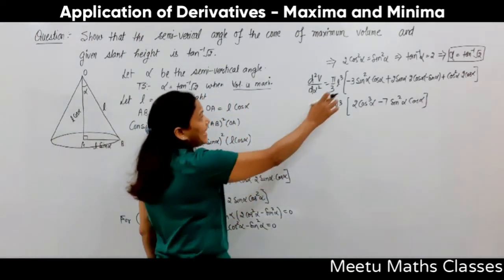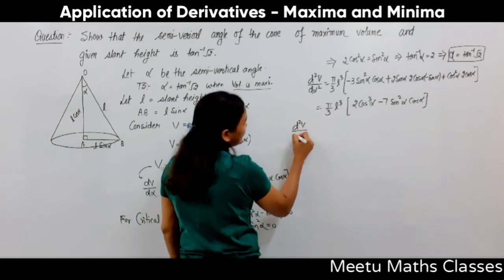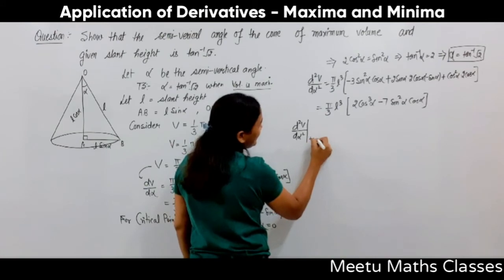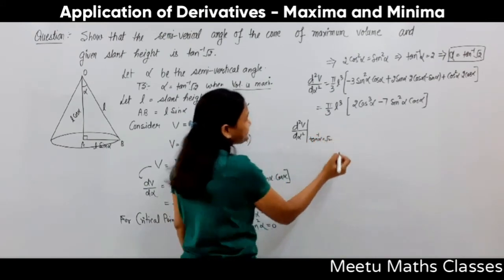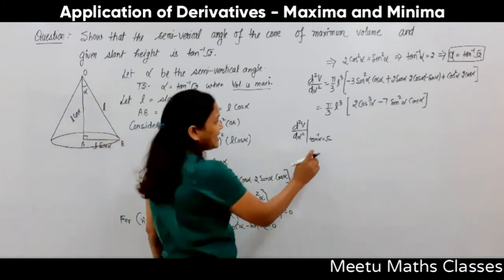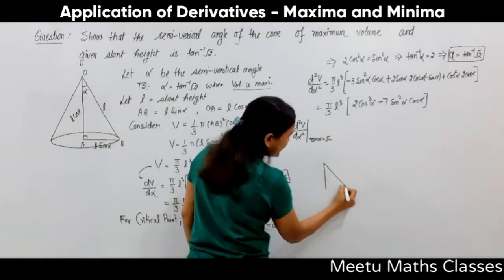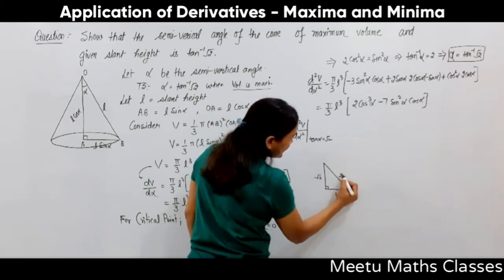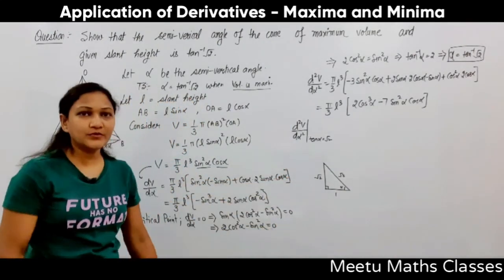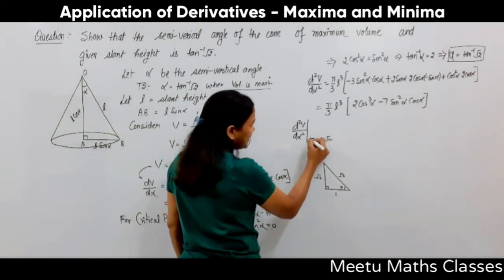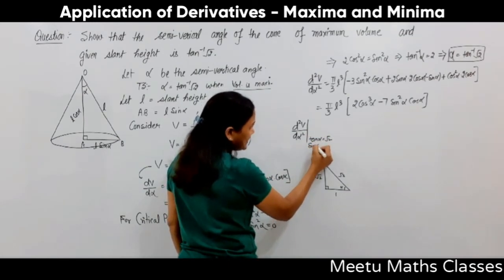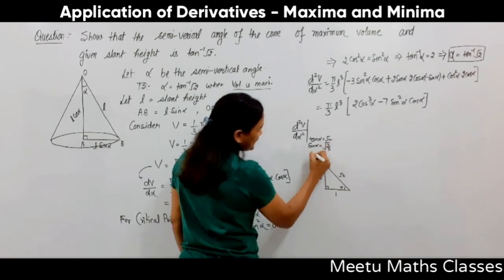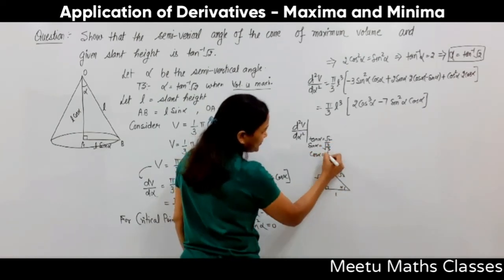But we need the second derivative at the point where alpha is equal to tan inverse of root 2. When tan alpha is root 2, if you consider a right angle triangle, the hypotenuse will be root 3, and sin alpha will become root 2 by root 3, and cos alpha will become 1 by root 3.